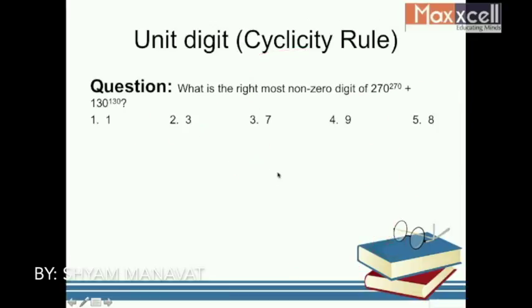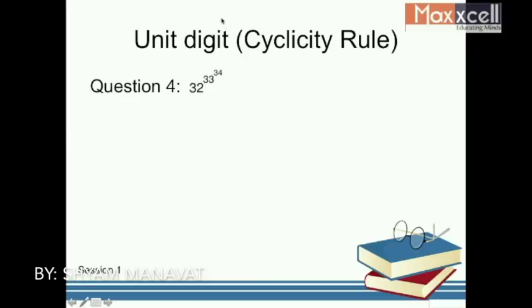Don't you think we have applied the same method over here? We have taken the cyclicity of 2, to the power 33 to the power 34. So we got 2, which has 4 steps in the cycle.